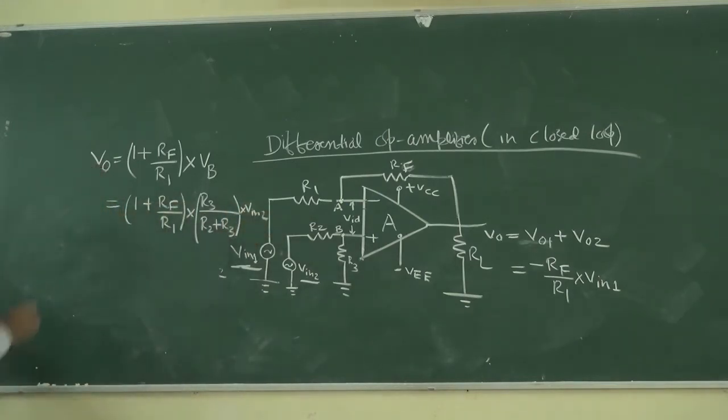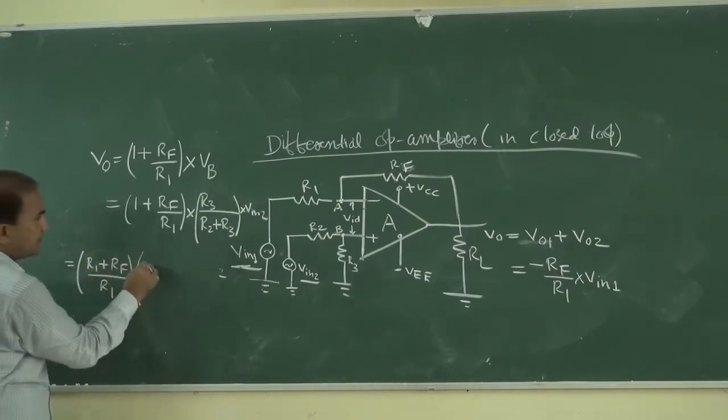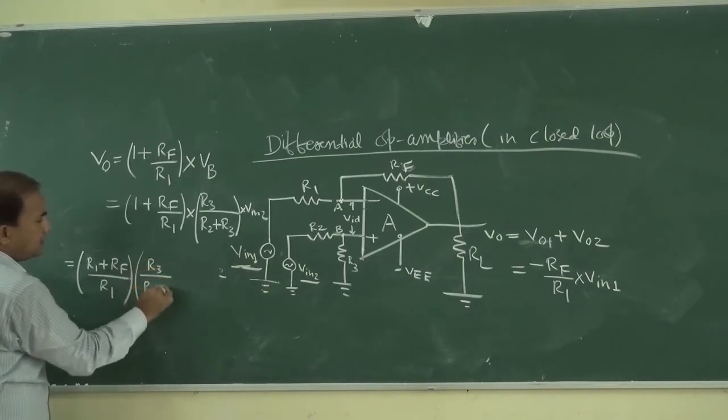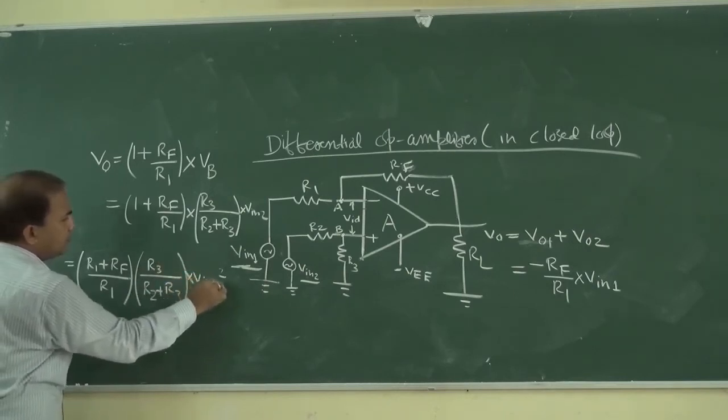So this we can write as R1 plus RF divided by R1 multiplied with R3 divided by R2 plus R3 into V in 2.